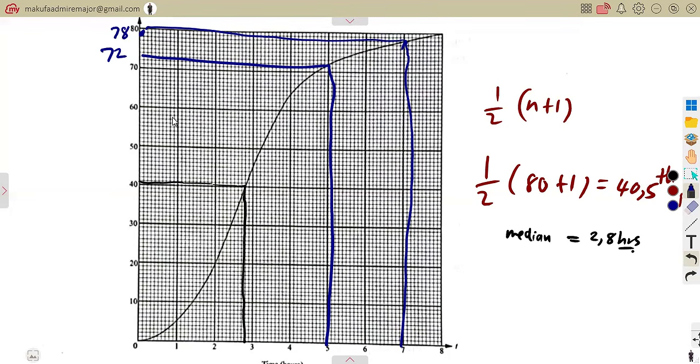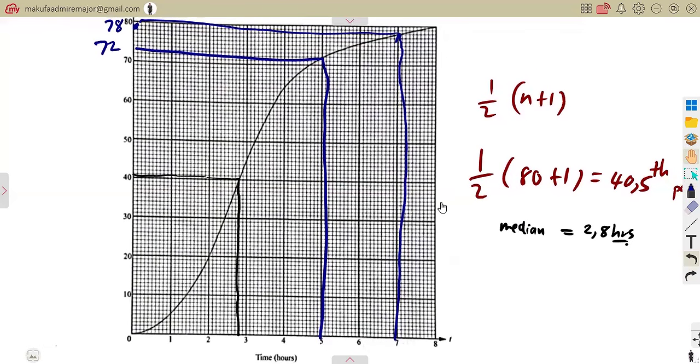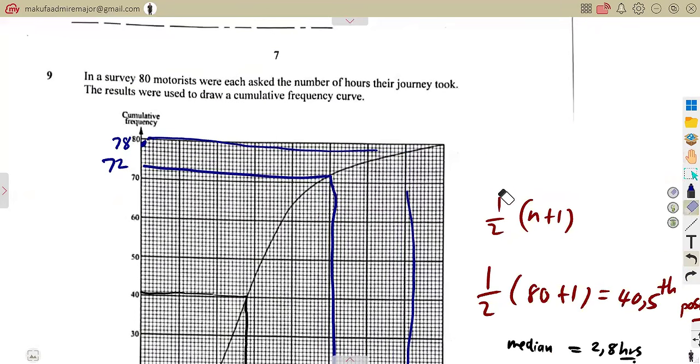That's 78. So you are considering between what we had at 5, which was 72, and approximately 78 at 7 according to our graph. It's just 2 boxes there.